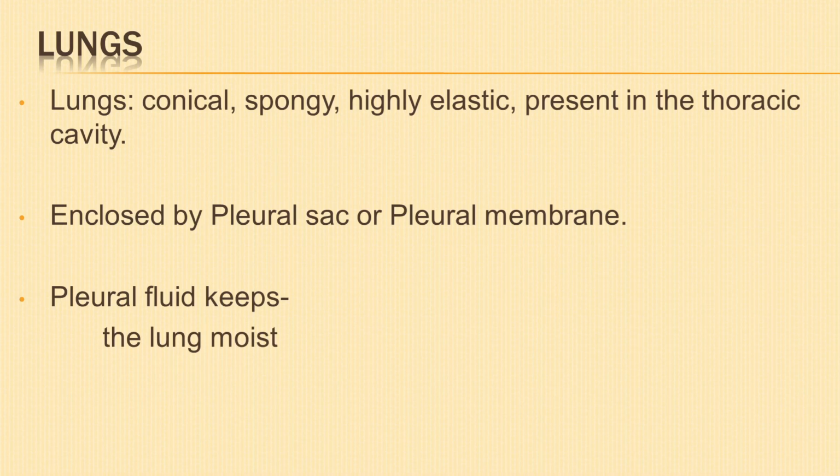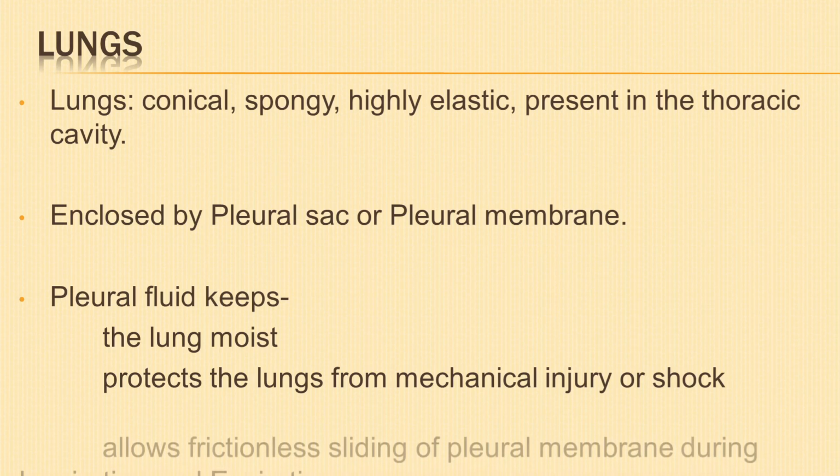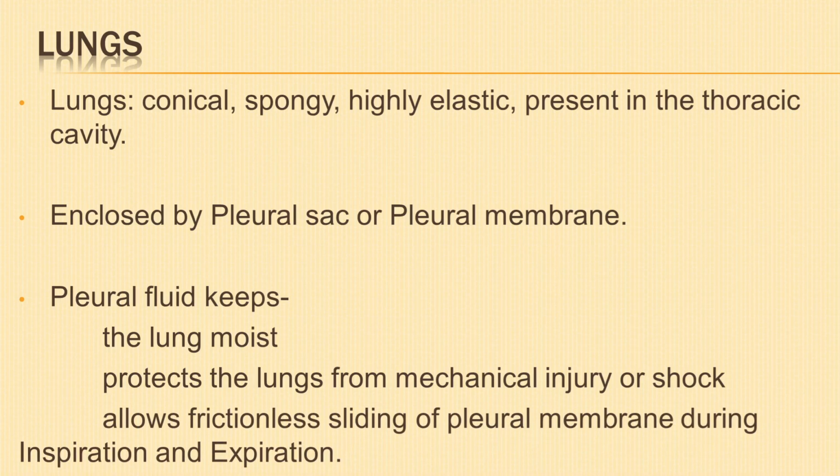It is filled with a fluid called the pleural fluid. This fluid keeps the lungs moist, protects the lungs from mechanical injury or shock, and allows frictionless sliding of pleural membrane during inspiration and expiration.